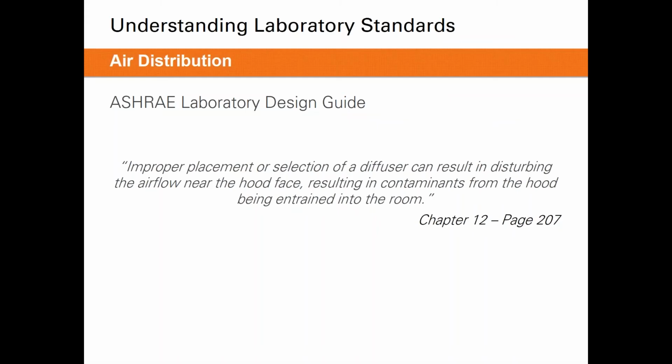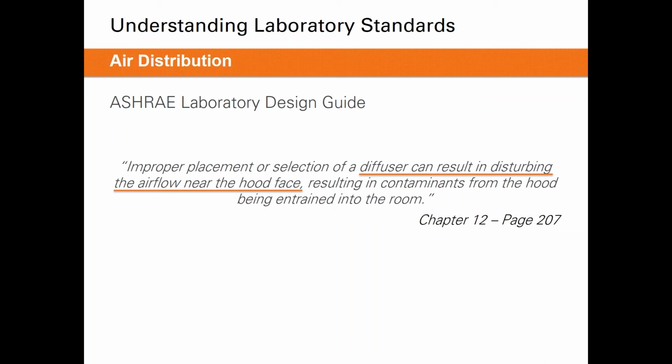Reading the ASHRAE design guide, improper placement or selection of a diffuser can result in disturbing the airflow near the hood face and result in the contaminants from the hood exiting back into the room.